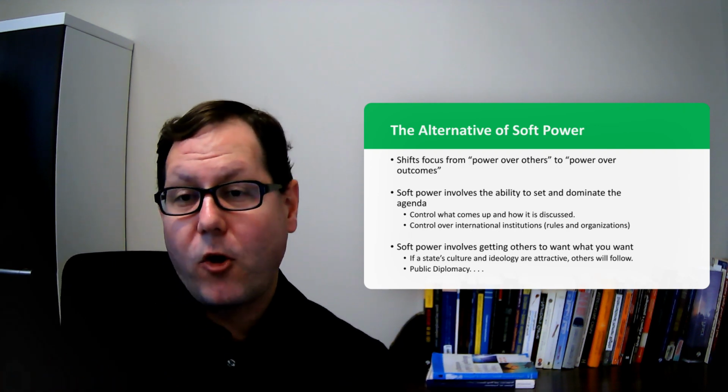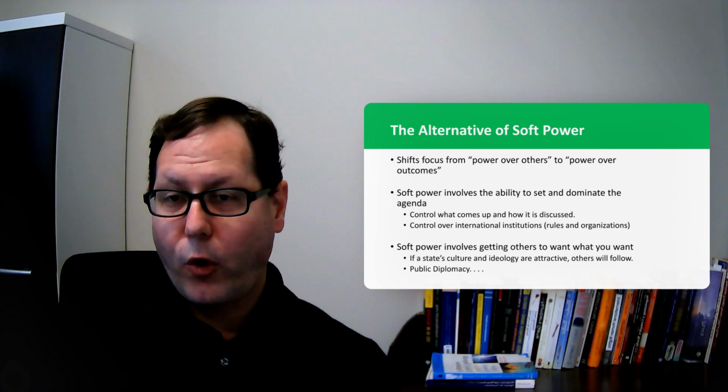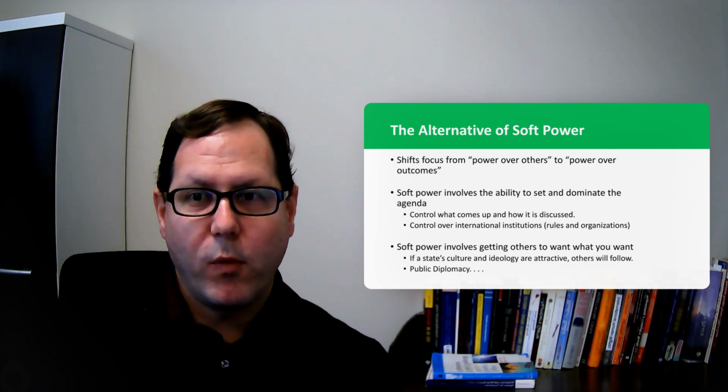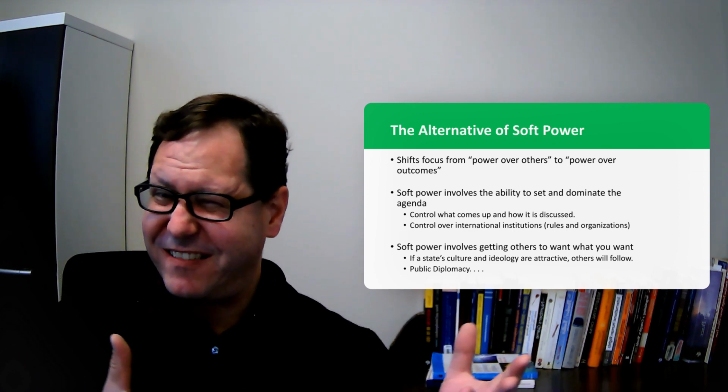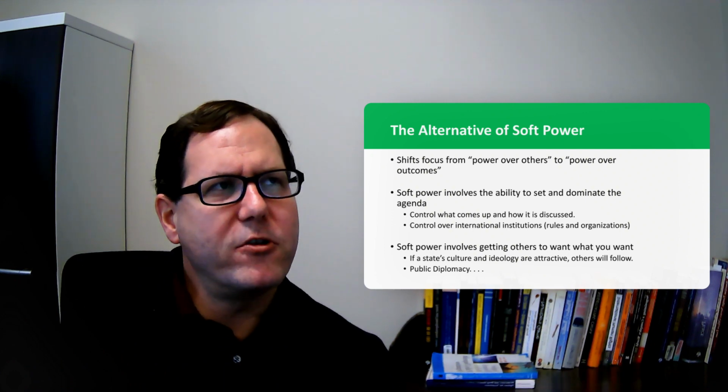And if that's something that you want to encourage in other states, then being a successful model of that working may actually be an appeal that would get others to move in the direction that you think is good for them and potentially for you.